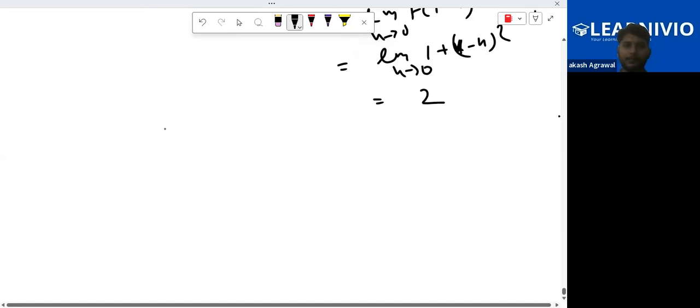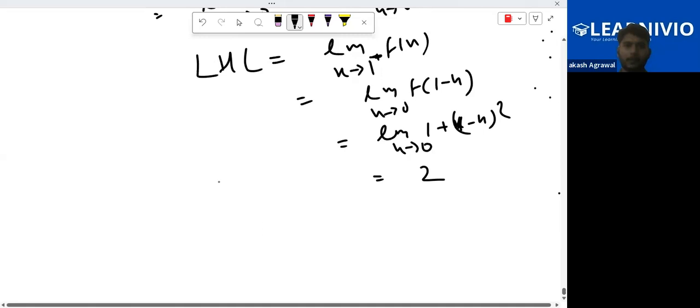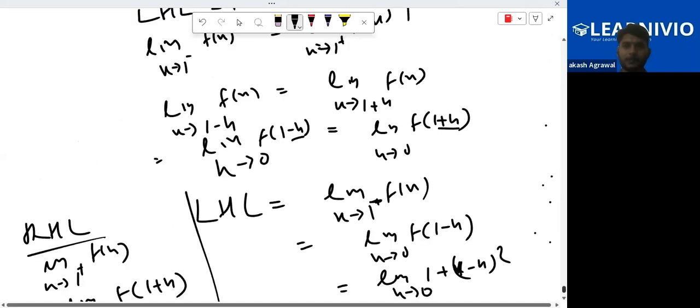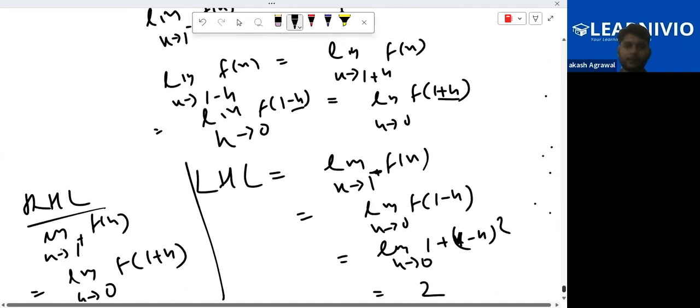Now for RHL, we have limit x tending to 1 plus f of x, h tending to 0 f of 1 plus h, and for x more than 1 the function is 2 minus x.